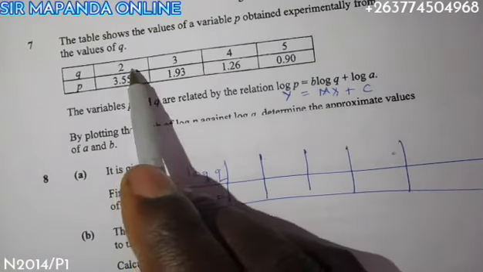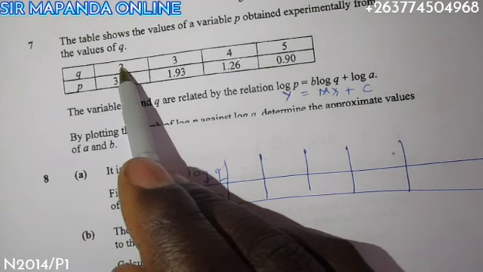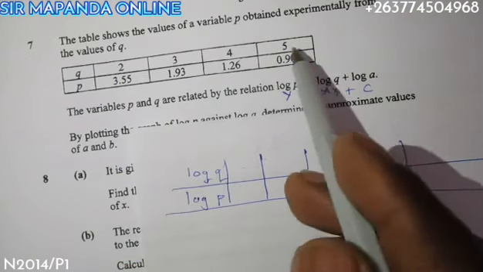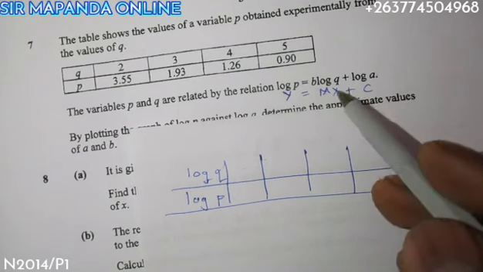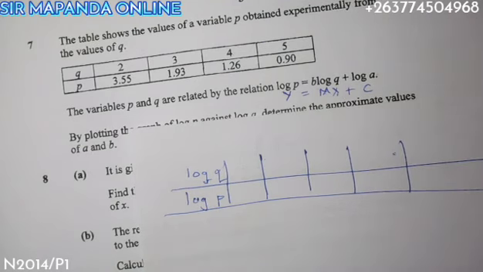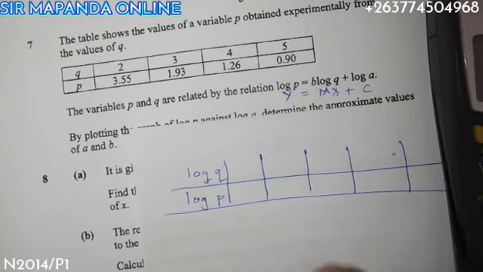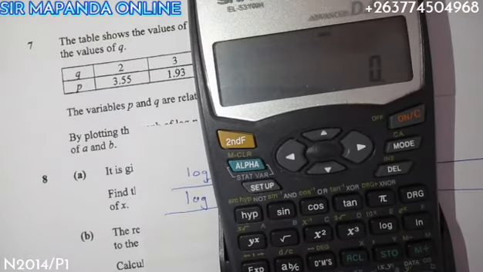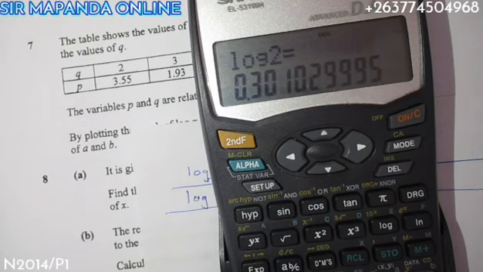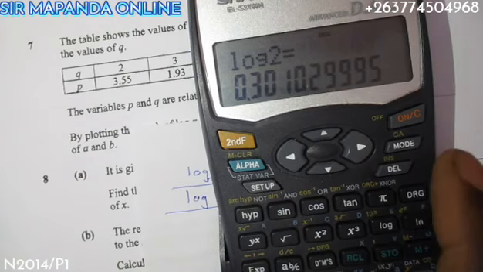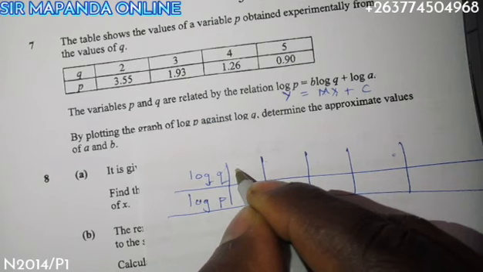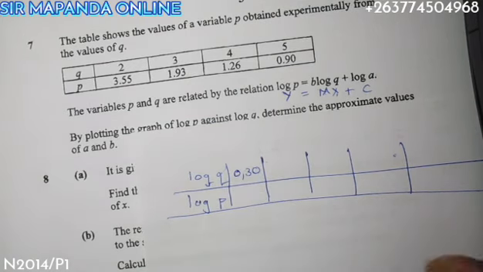So to find the first 4 values of x, you simply take these integral values 2, 3, 4 and 5, and you place them in front of log. So I'm going to substitute log 2. It gives you 0.30. So I'm going to write 0.30 here.